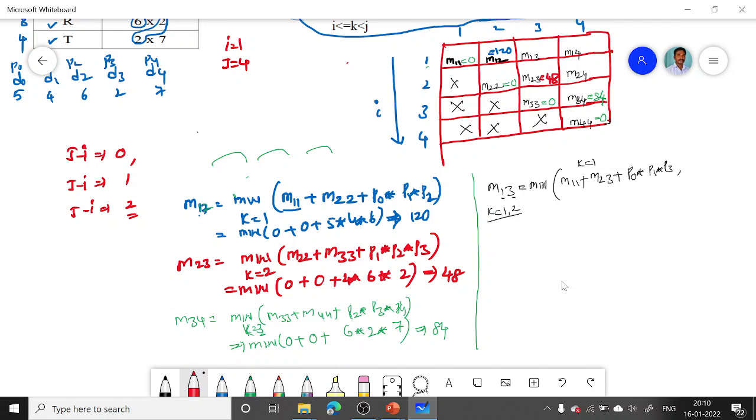If K is 2, which becomes M of Ik, nothing but 1 2 plus M of K plus 1, nothing but 2 plus 1, 3, and J is also 3 plus, now focus, P of I does not change. I minus 1, nothing but 0. K, previous K is 1, now our K is 2, nothing but P2 into Pj. Pj also does not change, nothing but P3.